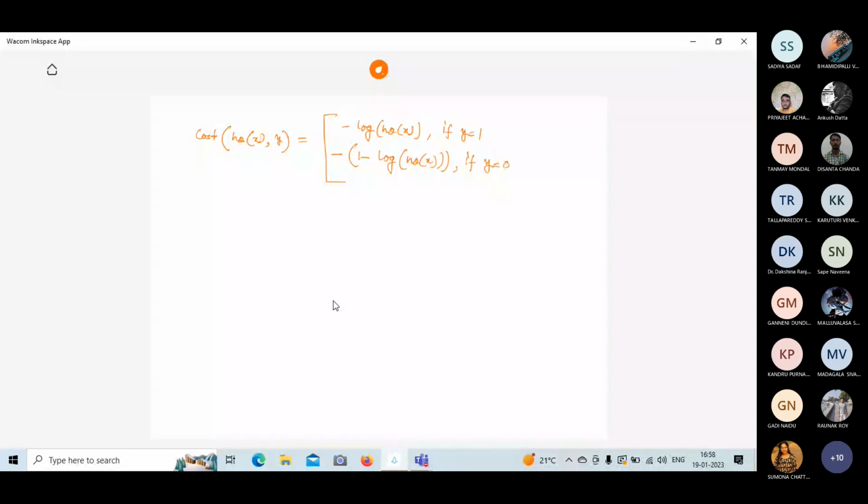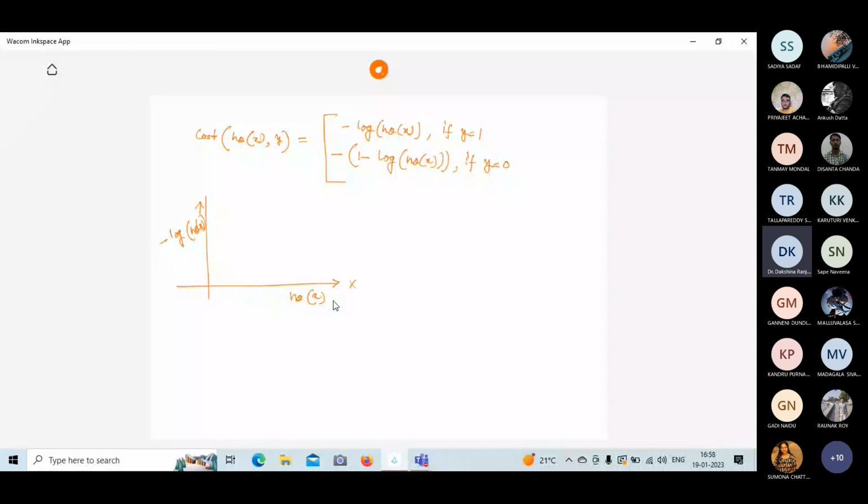Now, if we plot these two functions, what will we see? Let's say h theta x is represented along the x-axis, and minus log of h theta x along the y-axis.